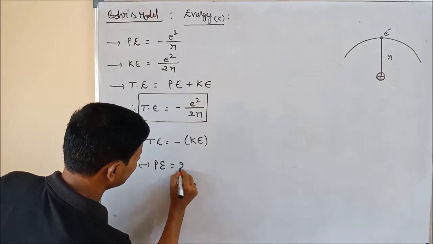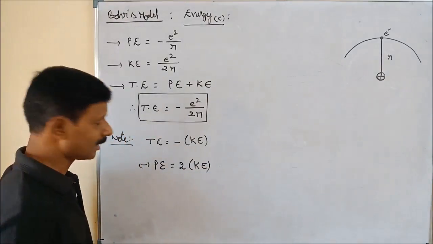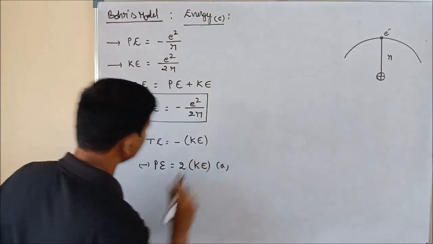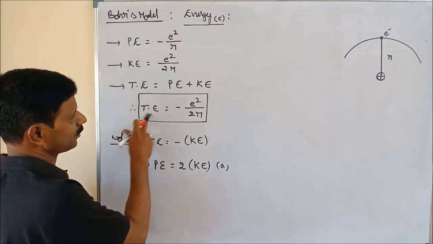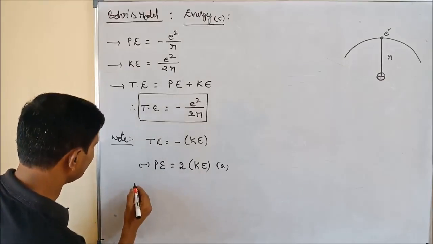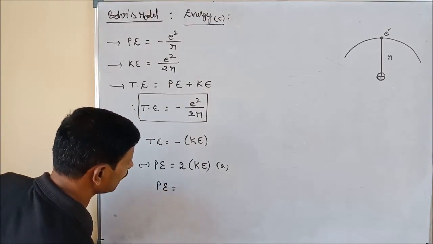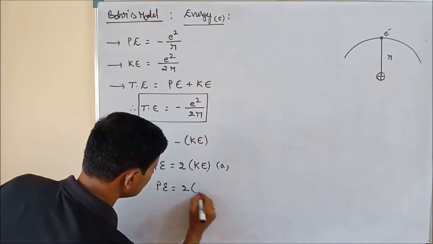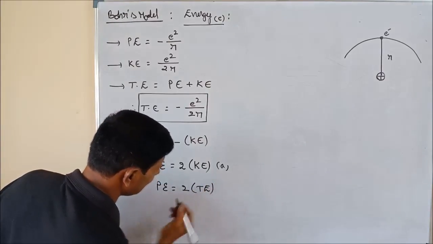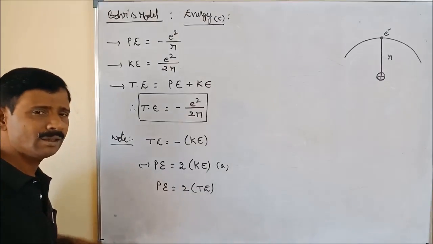Thereby potential energy is nothing but 2 into kinetic energy. Or we can say that since total energy has a negative sign and potential energy also has a negative sign, potential energy is equal to 2 into the total energy of the electron. So you have to remember these relations.